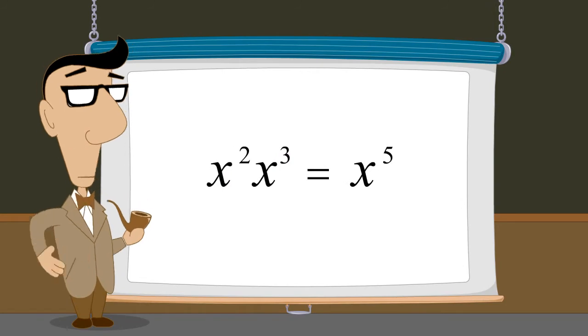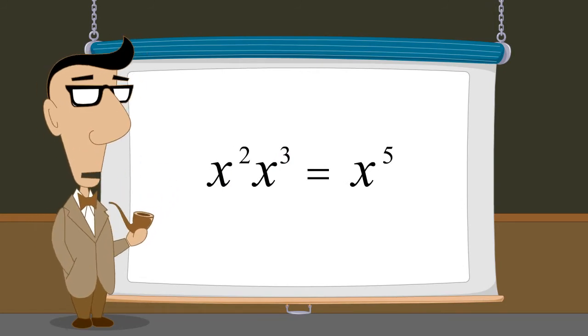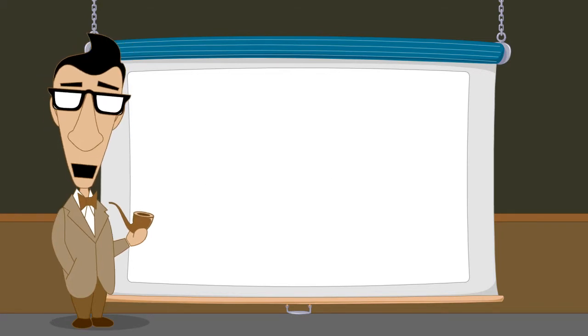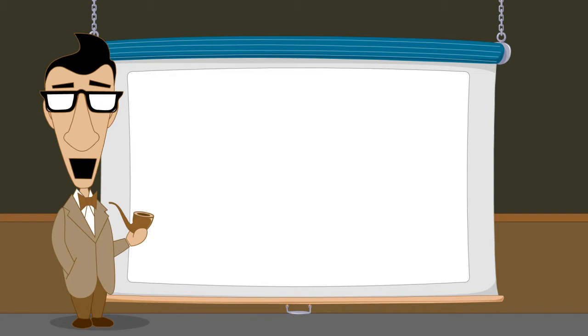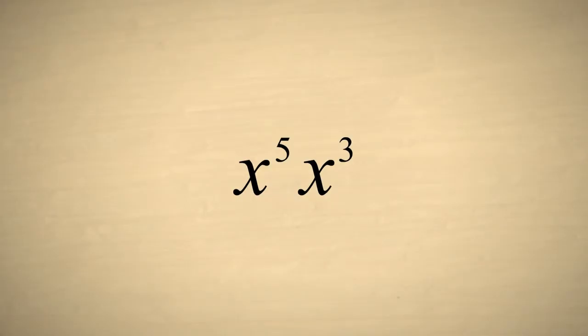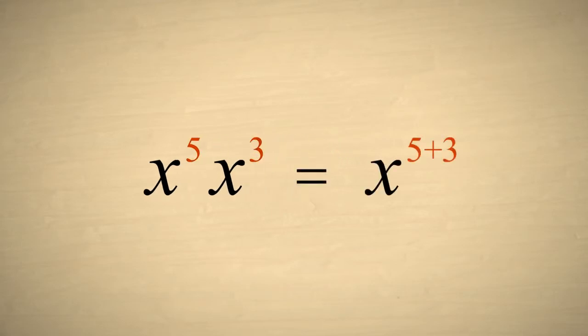Now let's look at some examples of exponential expressions and see if we can write them in a simpler form. In our first example, we have two terms, x to the fifth power and x cubed multiplied together. Since these terms have the same base, x, we can add their exponents.